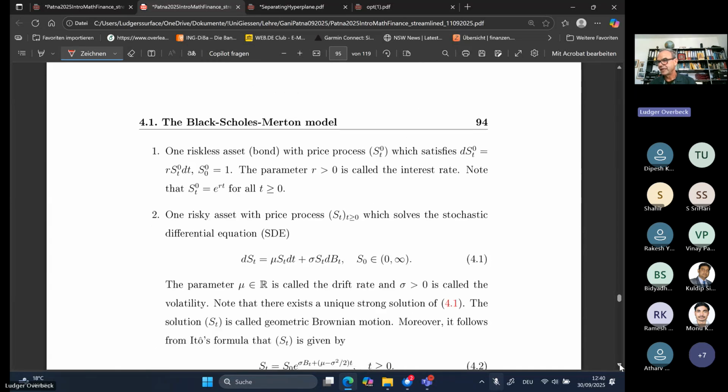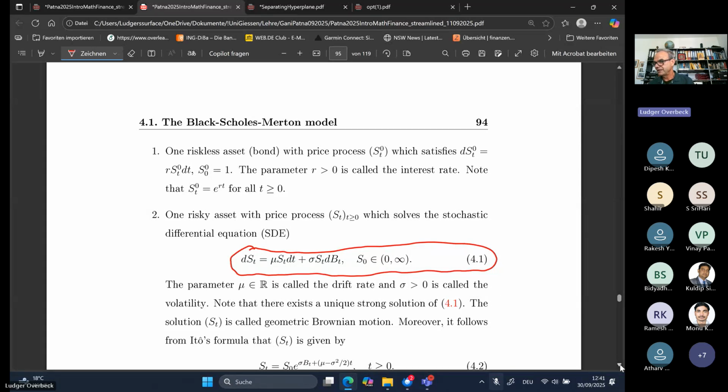And so the financial market we have is S_t, which solves this stochastic differential equation, if you like. That's the simplest positive process: more or less a Brownian motion put into the exponential. This means the log of this one is normally distributed.